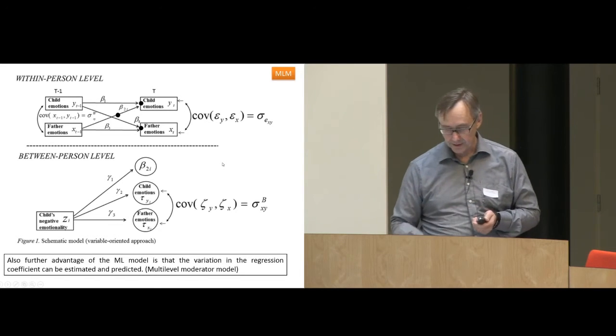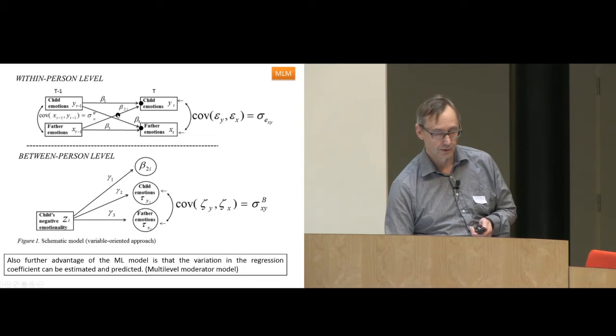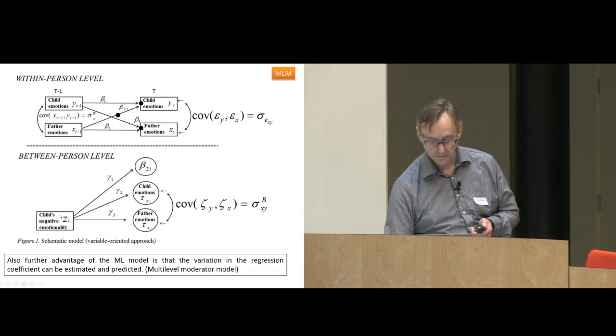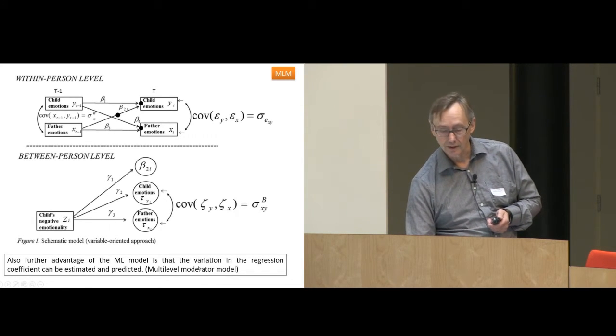One advantage is that we can use that kind of model. Now the black filled circle tells that the regression coefficient is random. It varies between individuals, and now in between level we can regress this random regression coefficient on some observed variables. This means that I use a multi-level moderator model.